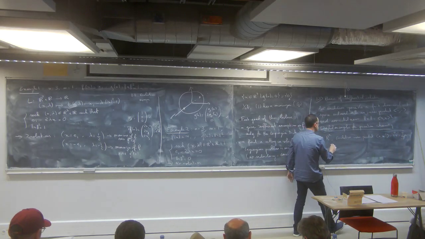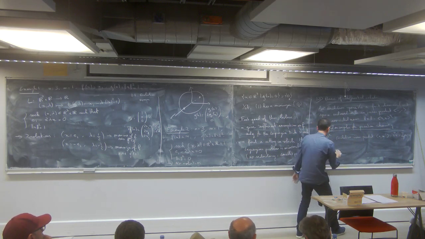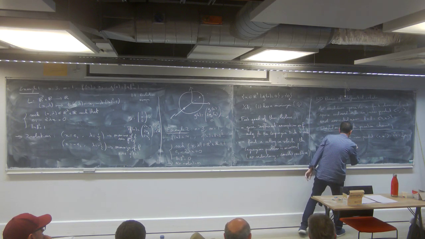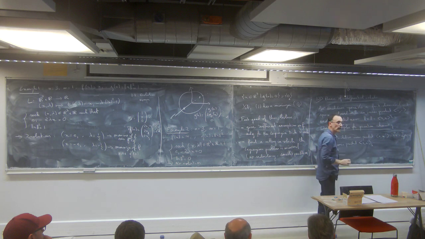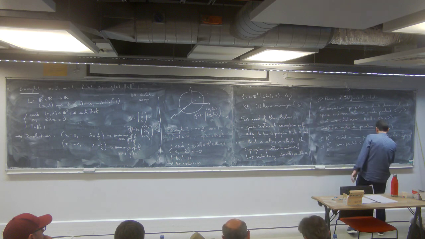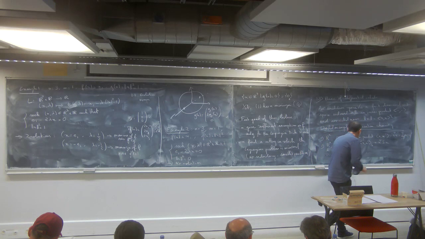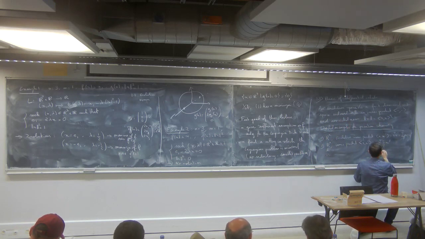Another useful example is R^n, but this time endowed with the inner product defined by S, where S is the overlap matrix. So in this case, it's X transpose S X prime, and this is the overlap matrix.